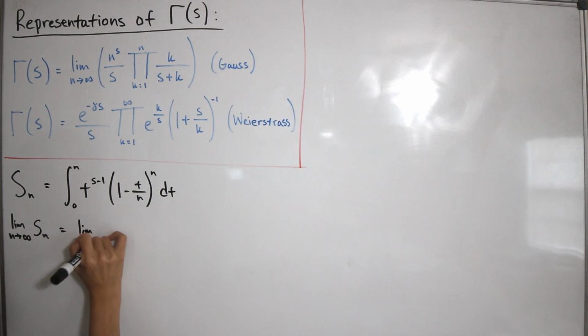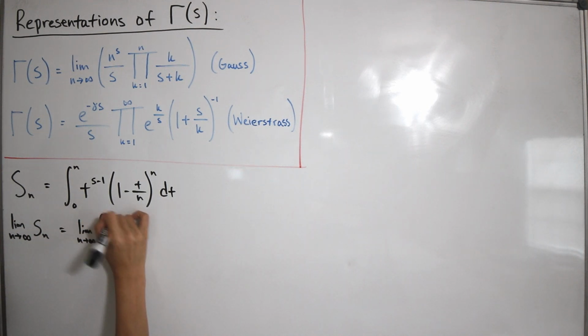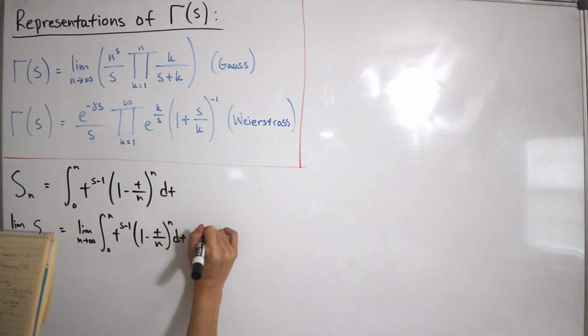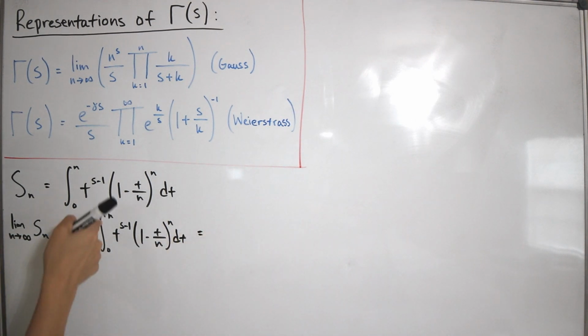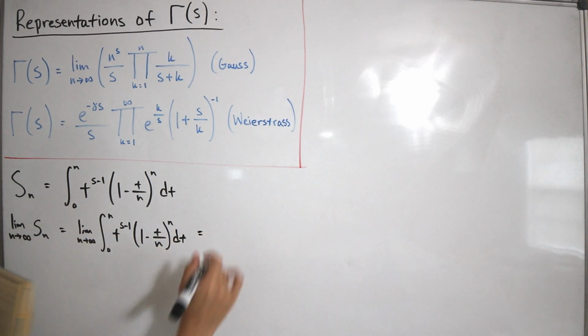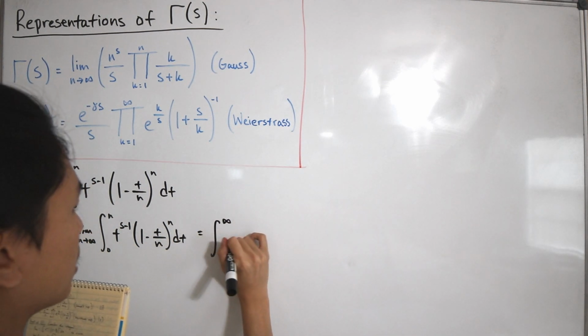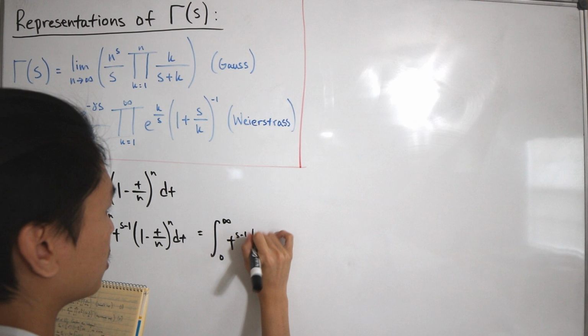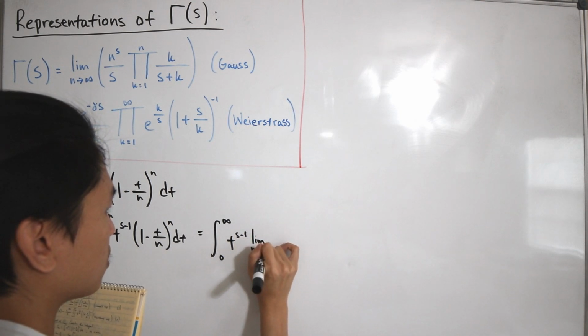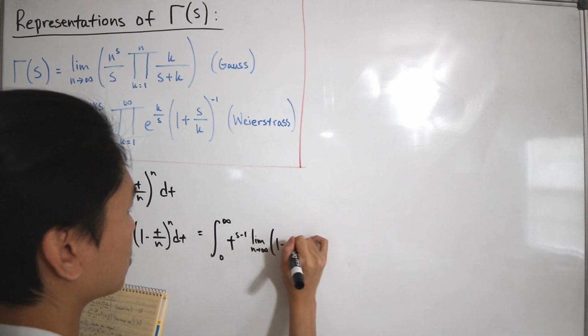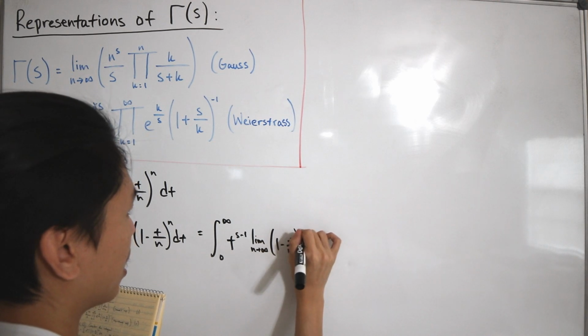Interestingly, what I can do from here is bring the limit inside, and the upper bound just approaches infinity, so I'll change that to the proper integral bounds: the integral from 0 to infinity of t to the power s minus 1, with the limit as n approaches infinity of 1 minus t divided by n to the power n, dt.